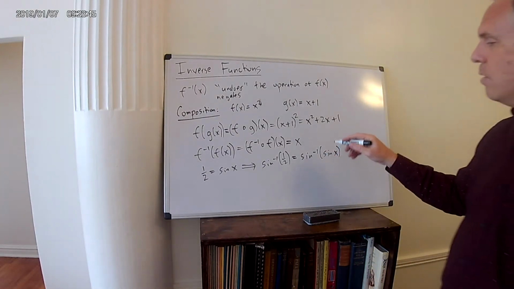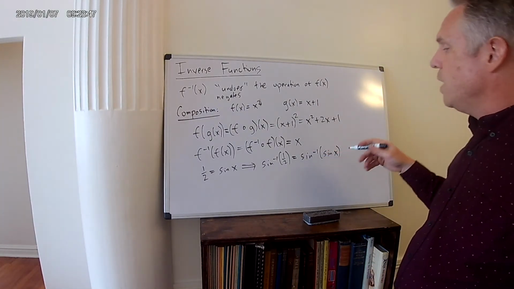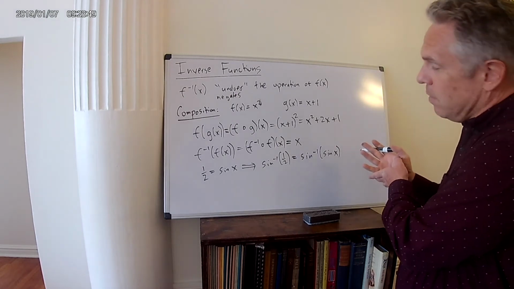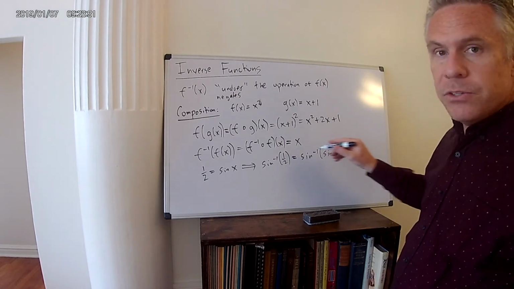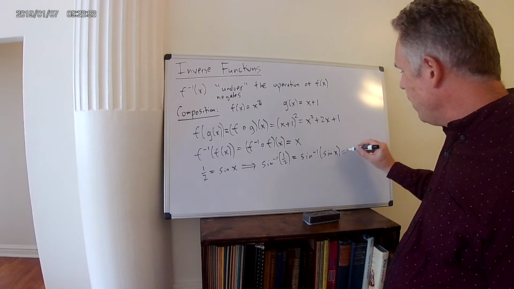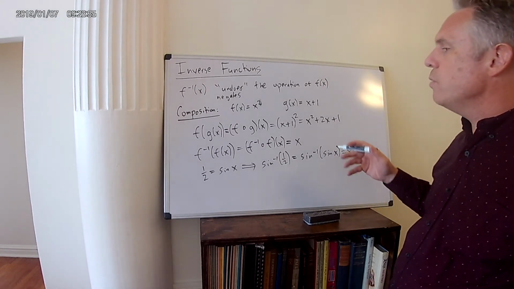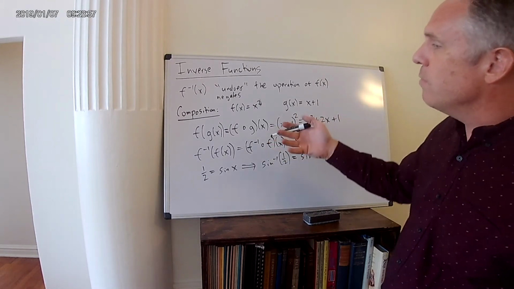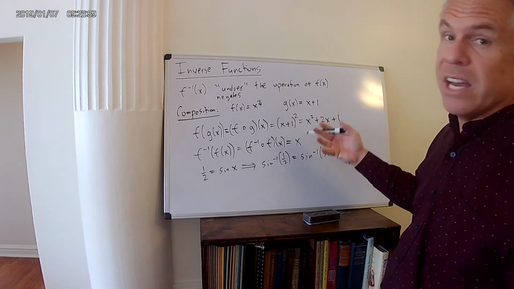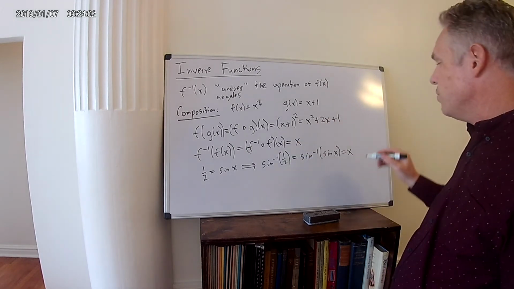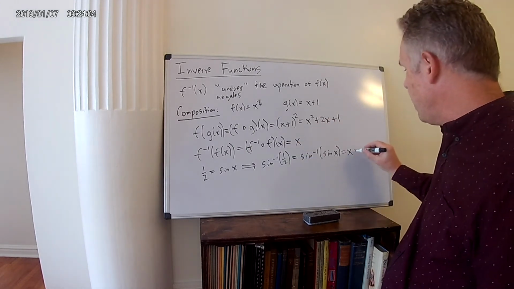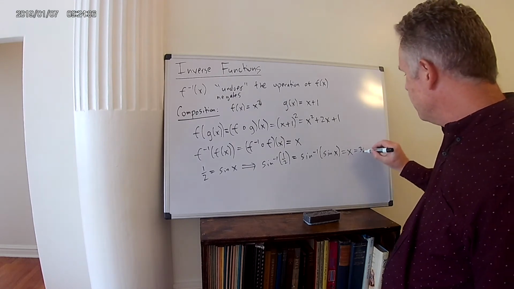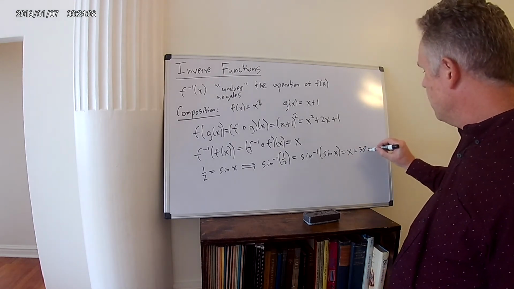Here we're actually composing inverse sine with sine. We're taking the inverse sine of a sine. These two negate each other, and you actually get out x. So whenever you compose a function with its inverse, you just get out the input x. So this is how we solve this problem, and we know x equals 30 degrees or pi over 6.